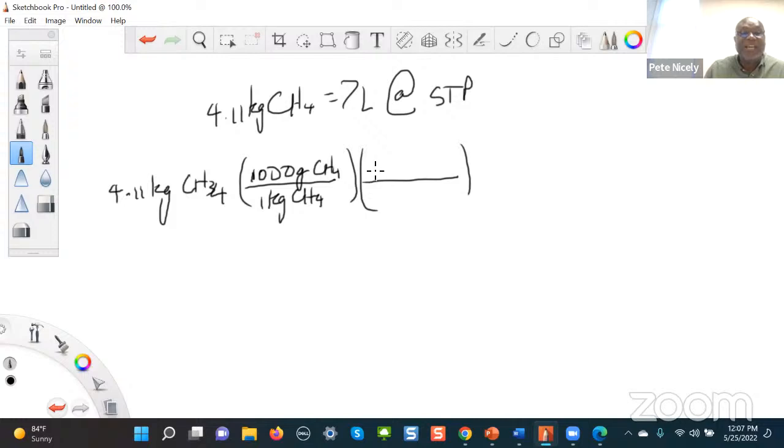And the way we do that is you're going to have 1 mole of methane above and the molar mass of methane below, which is, let me calculate that here.